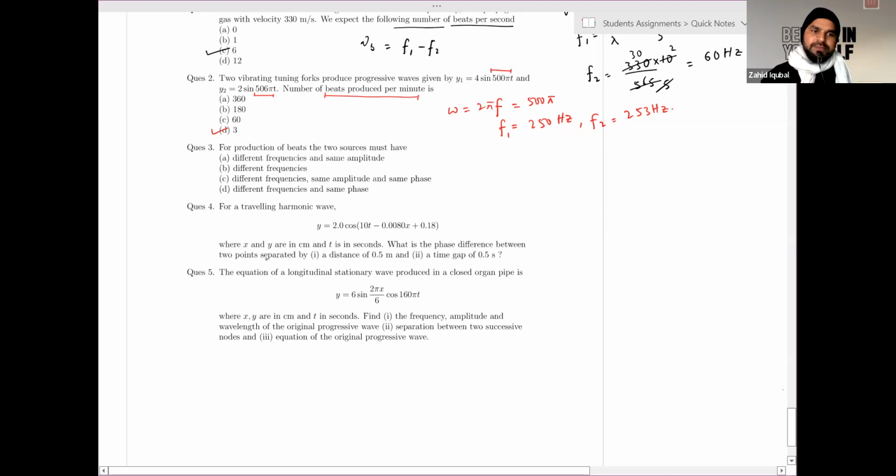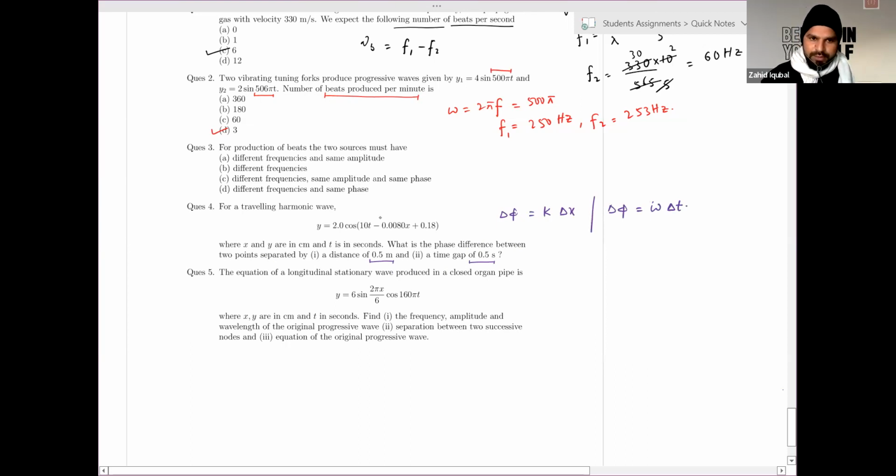What is the phase difference between 2 points that differ by 0.5 meter and the given time gap? I define a relation between phase difference, path difference, and time difference. Delta phi equals k times delta x, and also delta phi equals omega times delta t.